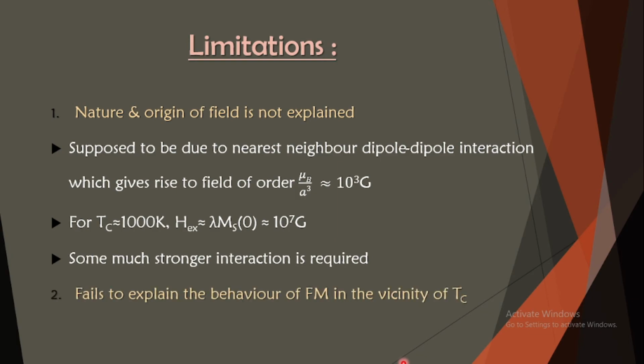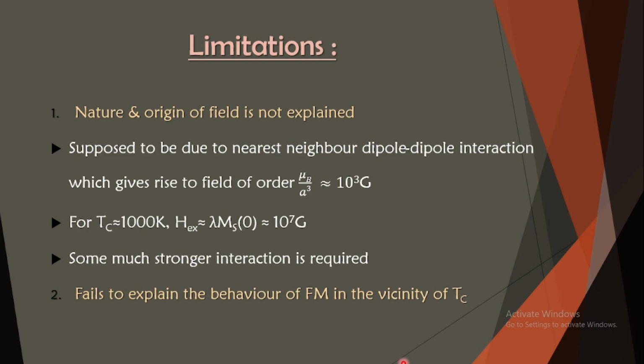The second limitation is that this theory fails to explain the behavior of ferromagnetic material in the vicinity of the transition temperature. That is, what happens at and just in the neighborhood of the Curie temperature is not explained. It says that as temperature tends to the transition temperature, susceptibility tends to infinity, which is not possible.